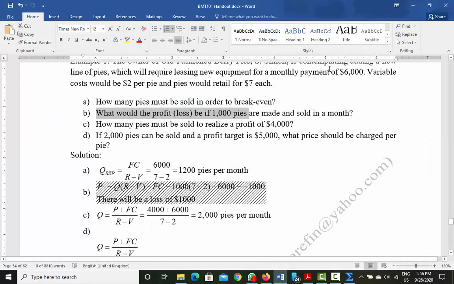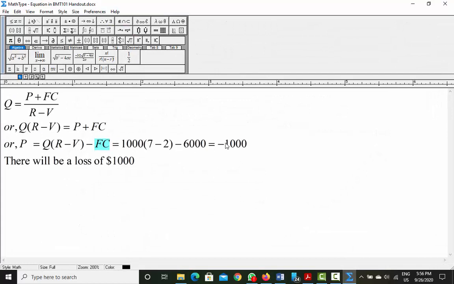If you calculate, you will see that P is minus 1,000, so there will be a loss of $1,000.